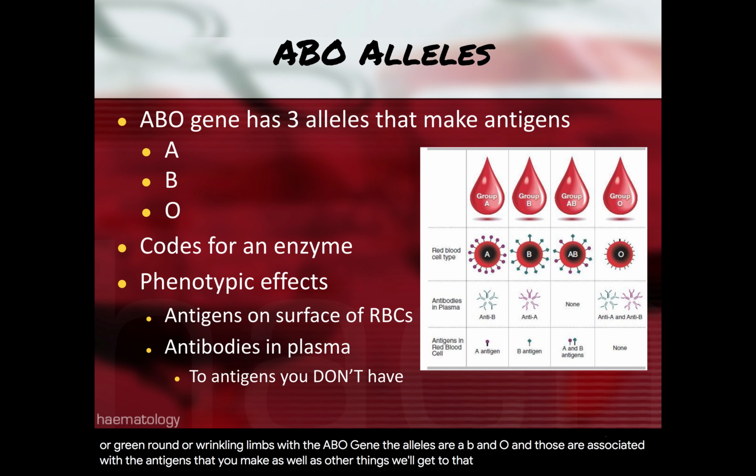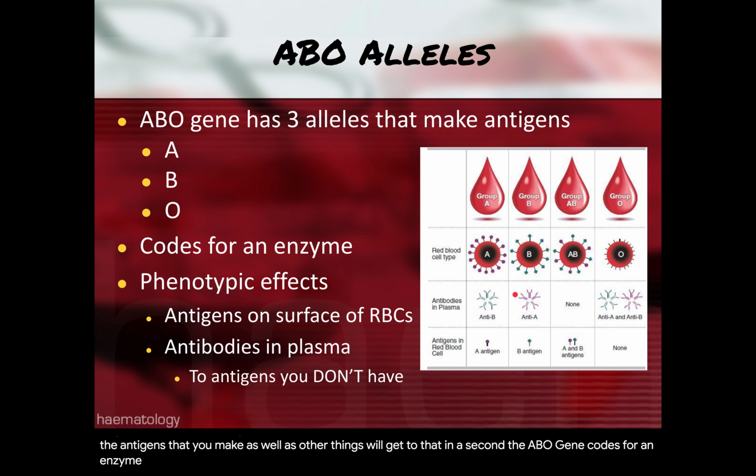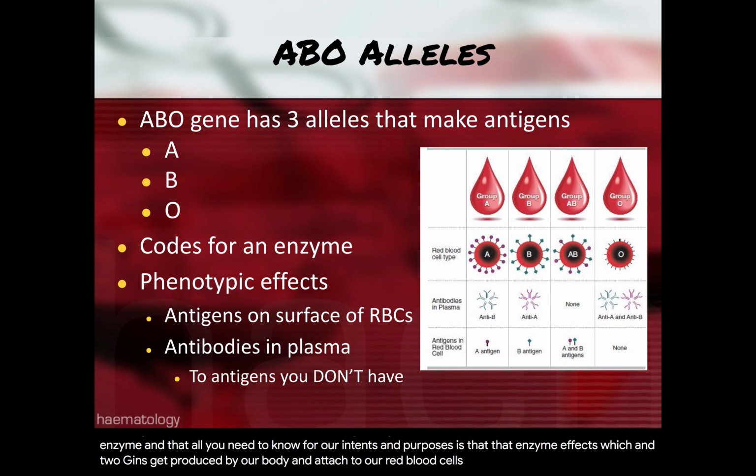We'll get to that in a second. The ABO gene codes for an enzyme, and all you need to know for our intents and purposes is that that enzyme affects which antigens get produced by our body and attach to our red blood cells.